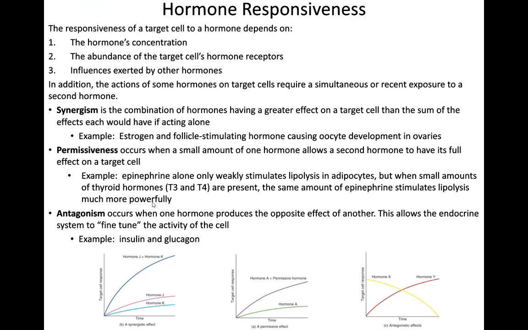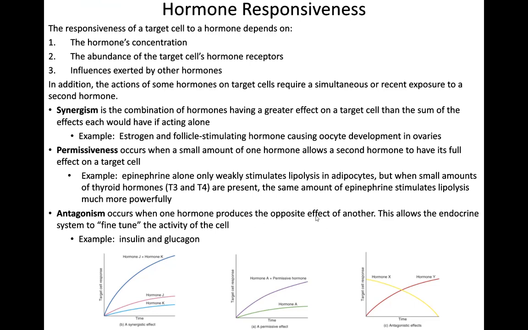Okay. And then antagonism, we talked about antagonistic muscles in that same anatomy lecture. An antagonist opposes something. In this case, antagonism is where hormones produce opposite effects on one another.